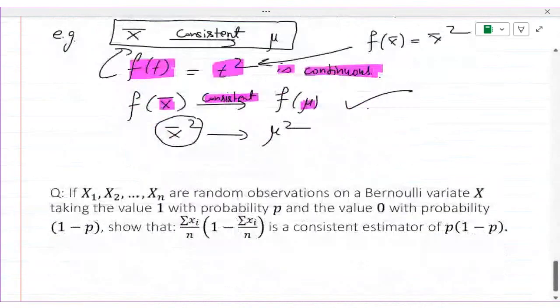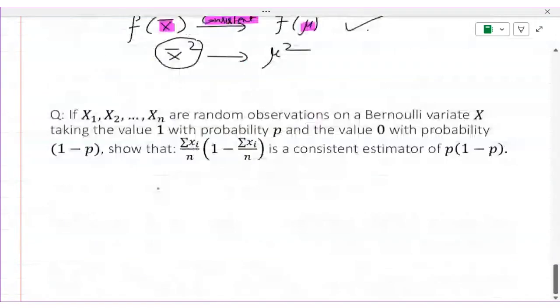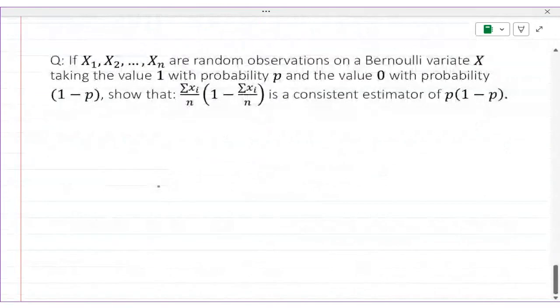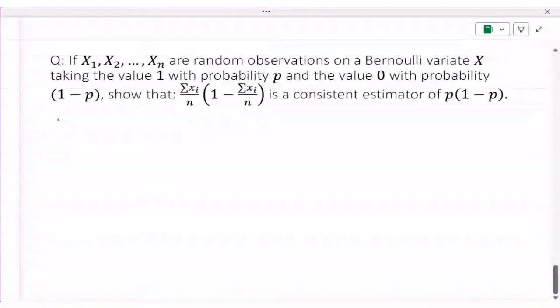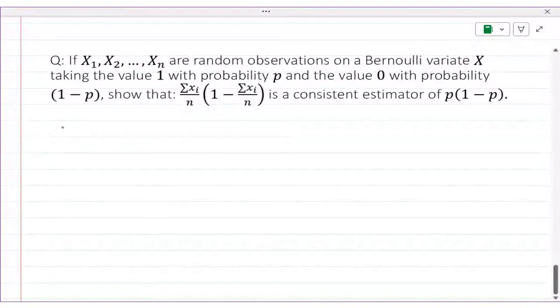If x1, x2, xn are random observations of a Bernoulli variate x, taking the value 1 with probability p and the value 0 with probability 1 minus p. In unit 3 we have done the Bernoulli distribution. In the Bernoulli distribution, a random variable can take only two values. Can we take any continuous function?